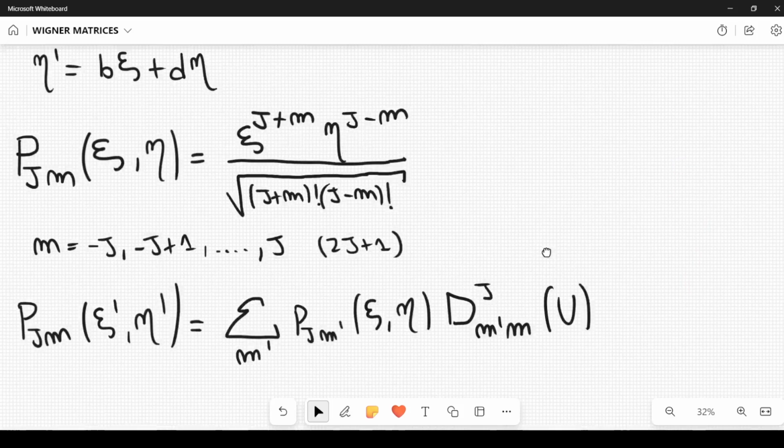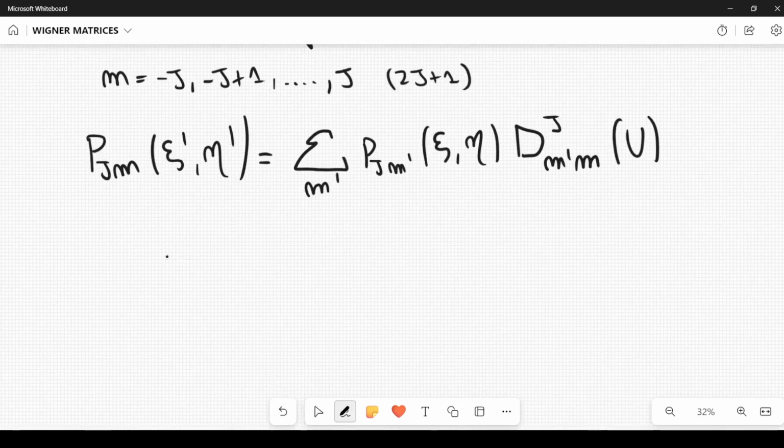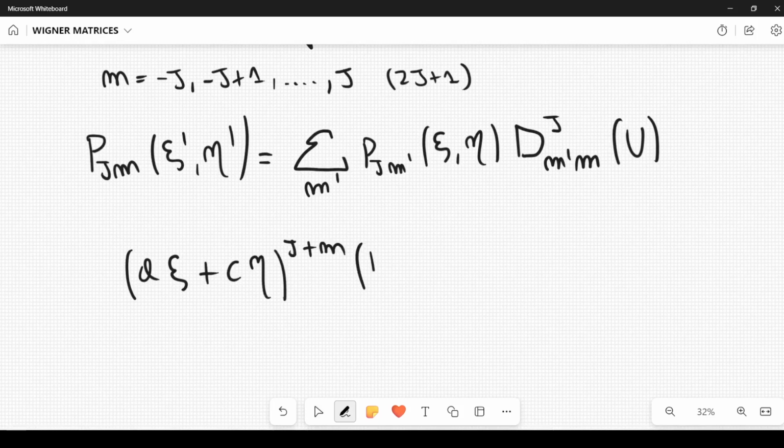But remember that I also have a formula for xi prime and eta prime in terms of xi and eta. So that's what I want to do. I have something like this. I have a xi plus c eta to the power j plus m. Then I have b xi plus d eta to the power j minus m.